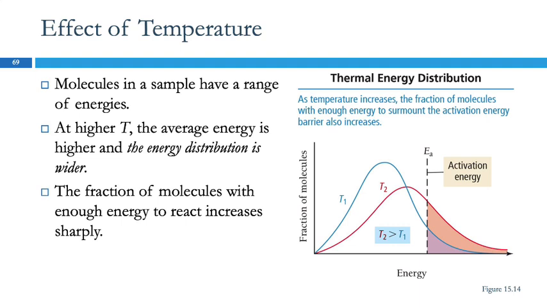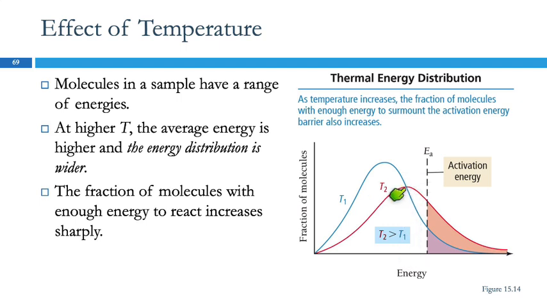If we increase the temperature, the average energy increases, but this distribution also spreads out. And so when that happens, the fraction of molecules with enough energy to get over the activation barrier is going to increase. It increases more than you would think.